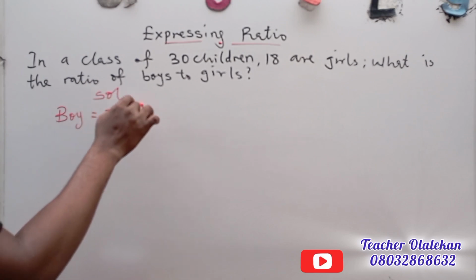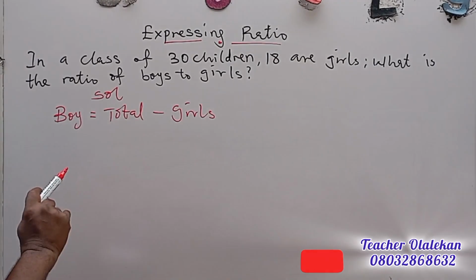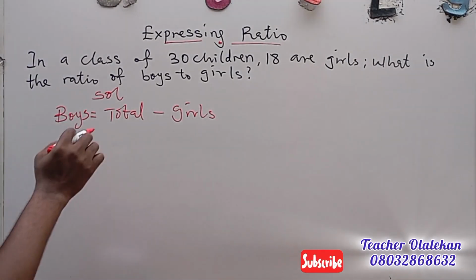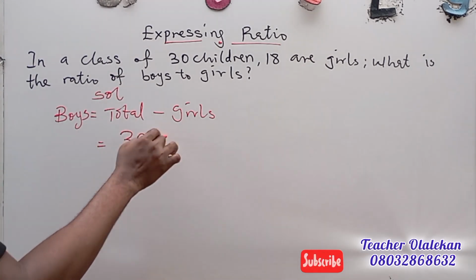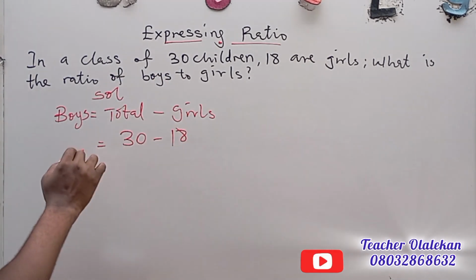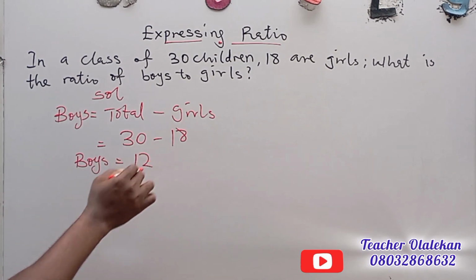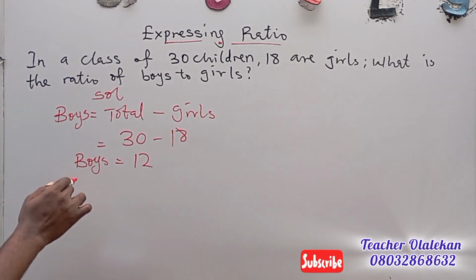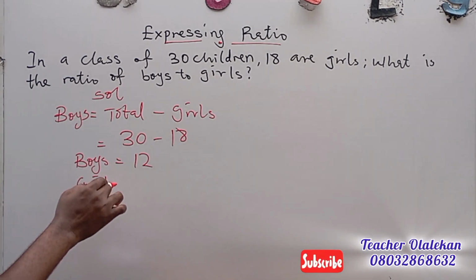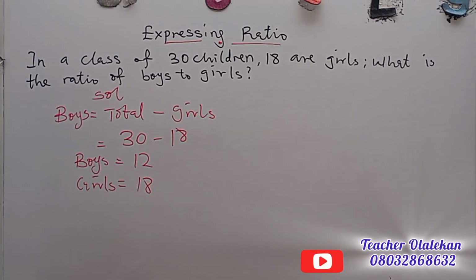That will give us the boys. So our boys will be equal to the total, which is 30, take away 18, meaning that our boys is equal to 12. And do not forget that our girls are given. So boys are 12 and girls are 18.